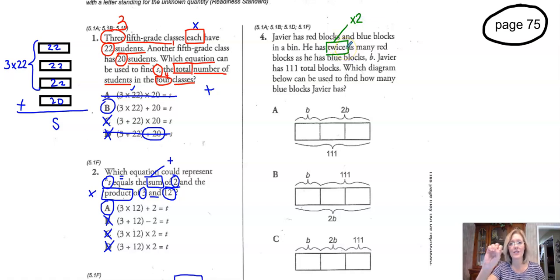Twice means you do it 2 times, or times 2. Now, twice as many red blocks as he has blue blocks. And blue blocks are going to be B. Xavier has 111 total blocks.